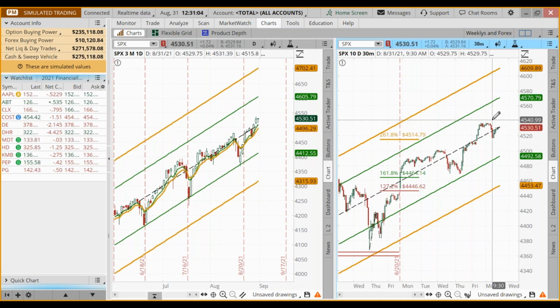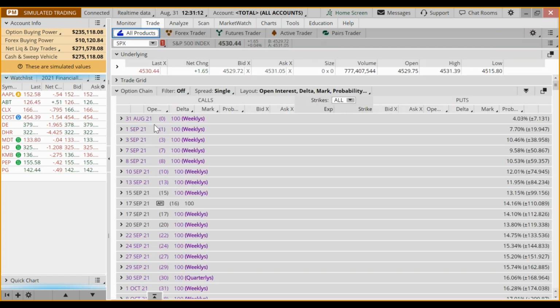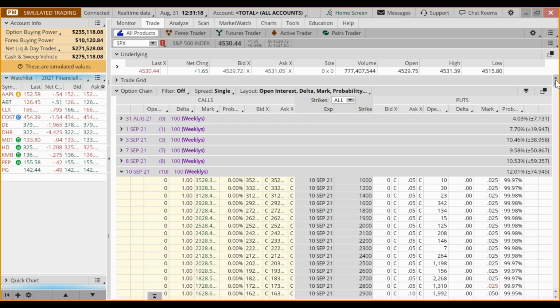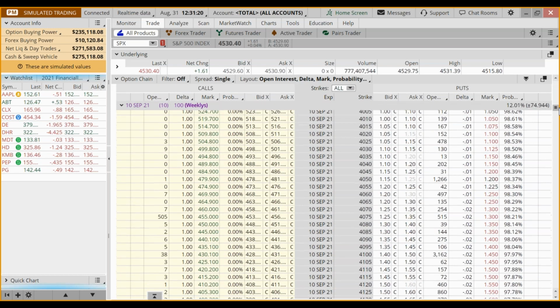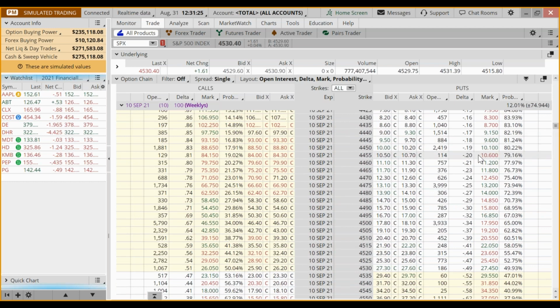Now remember, for a weekly, you would come over here to the trade tab, and you would go out about 10 days. You go out to 10 September. And the easiest thing to do is look for 0.2. There's a 0.2 right there. And I want 5 points apart.